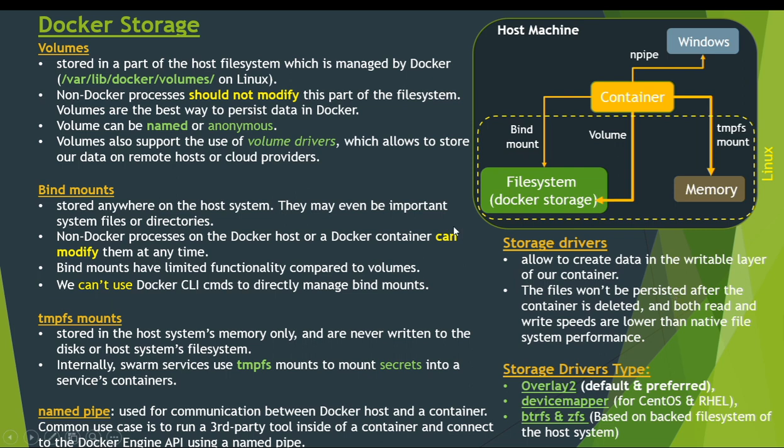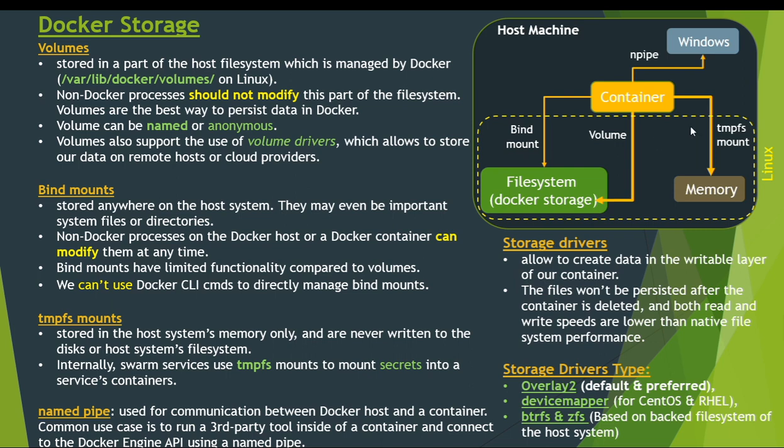You can see in the diagram we have a host machine where we will be running our containers. Then we have a container which is running on our host machine. To store our data after the container exits, we have bind mount and volume options.